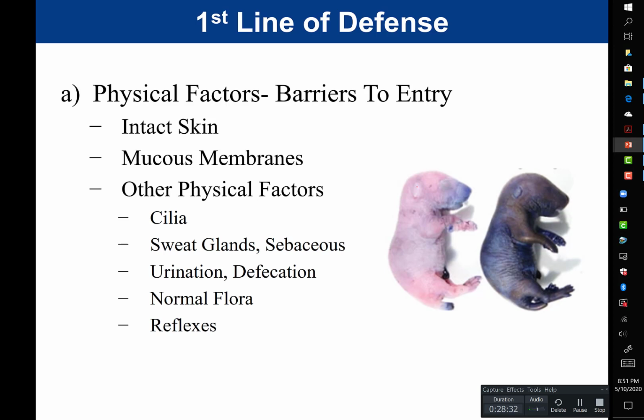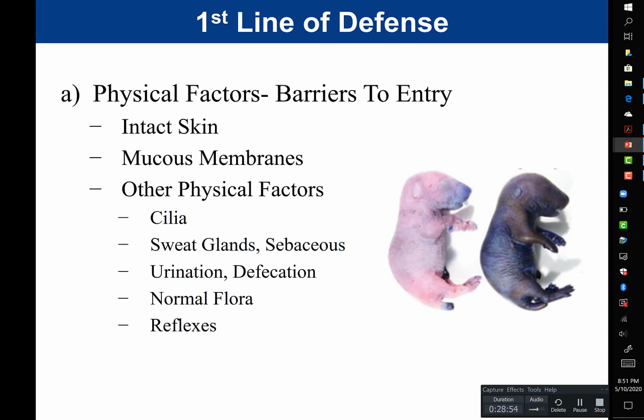These are newborn mice that we call pups, and the pups are dipped in an ink. If it stays like the one on the left, where the dye doesn't penetrate, that means that the skin is functioning properly and it's acting as a barrier and preventing that dye from getting in.